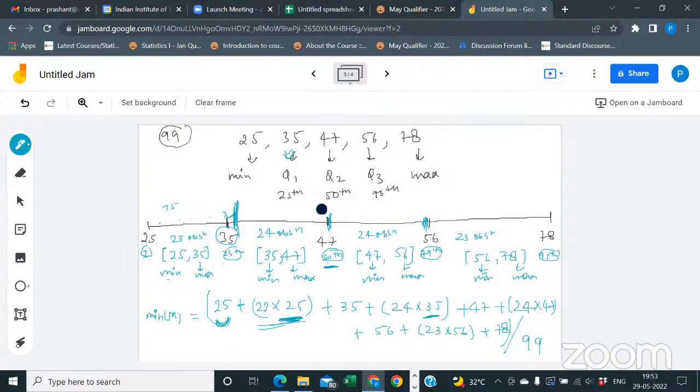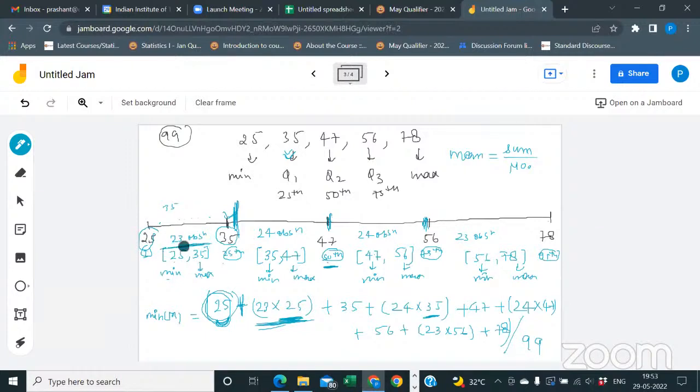First of all, tell me what is the mean? Sum of observations divided by the number of observations. If you are taking the sum of observations, your first observation is 25. Plus, I can do 23 times 35.